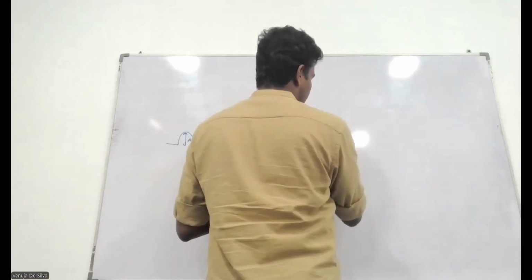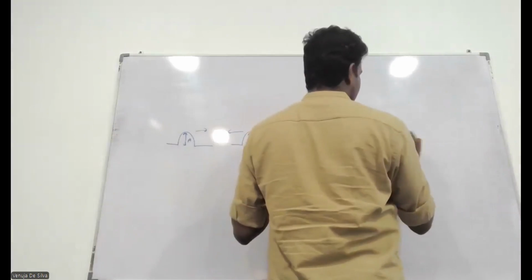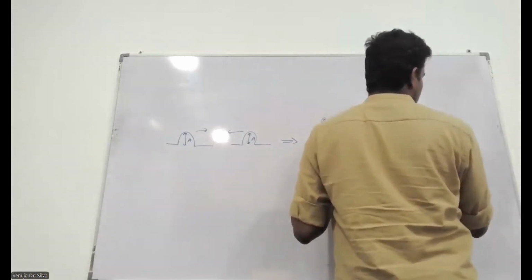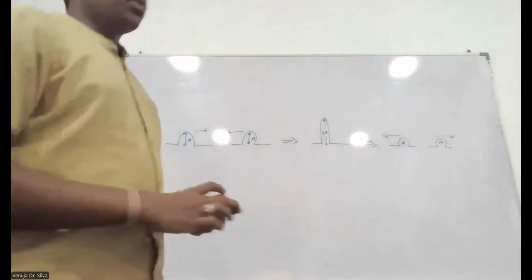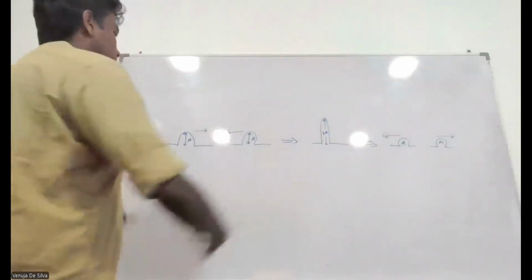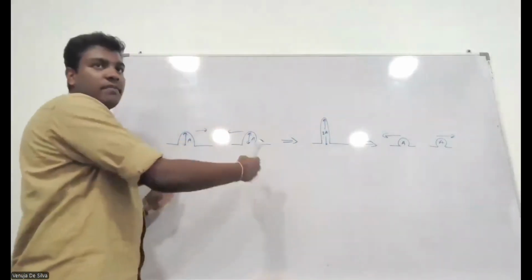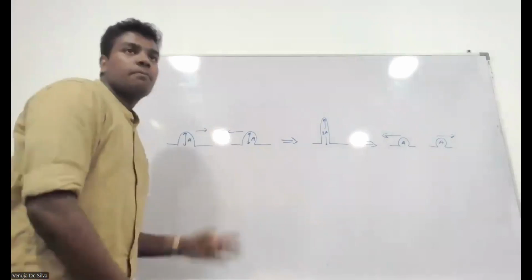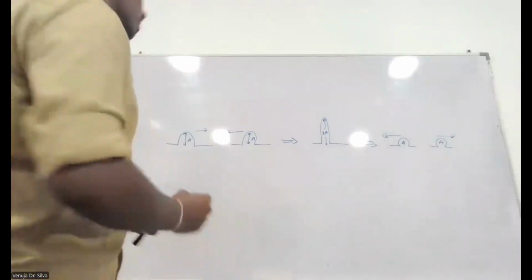The resultant pulse would have an amplitude of 2A. Then they would again be moving in their separate directions. Now this would be moving to the other side, and this would be moving to this side. That's what's going to happen. So this is called constructive interference. That means the waves combine constructively. The amplitude of the resultant wave is larger than the amplitude of an individual wave. This is constructive interference.